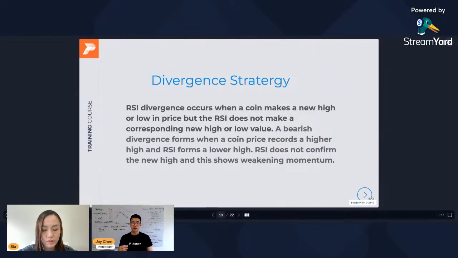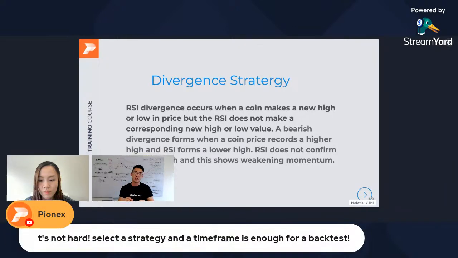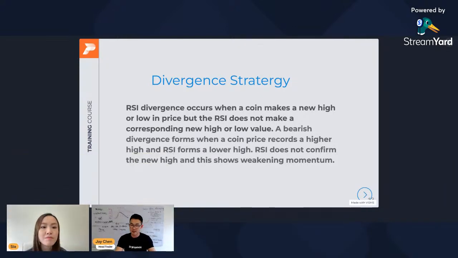So if you're using the RSI alone, what I like to do is look for divergence. Basically, divergence is when the price and the RSI, or any other indicator, do not make a corresponding move. If price makes a new low, the RSI momentum doesn't make a new low. That is a divergence. I'll show you guys on the chart in the next slide.